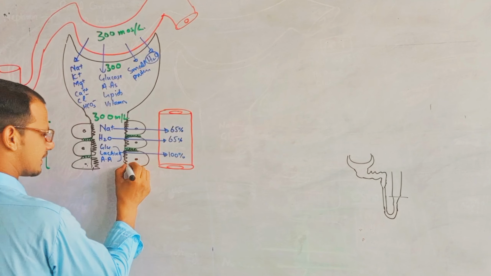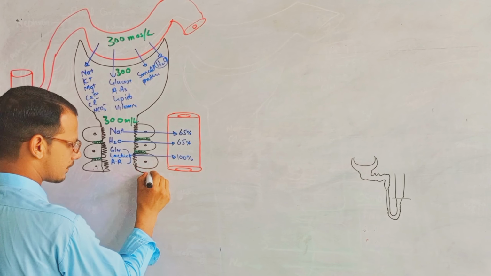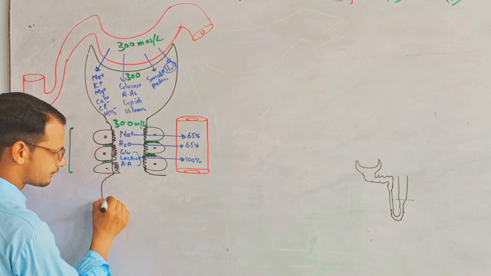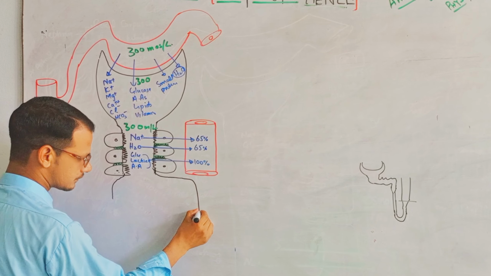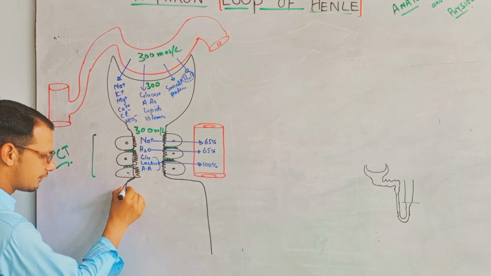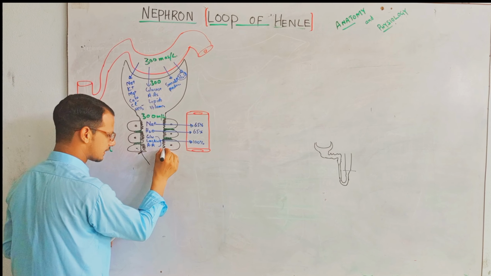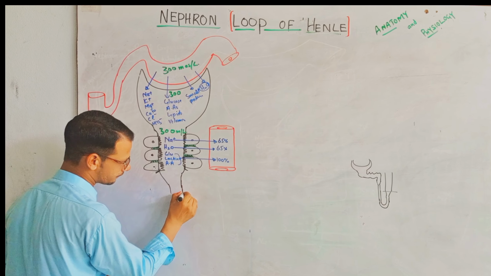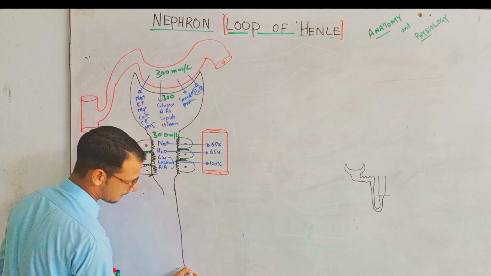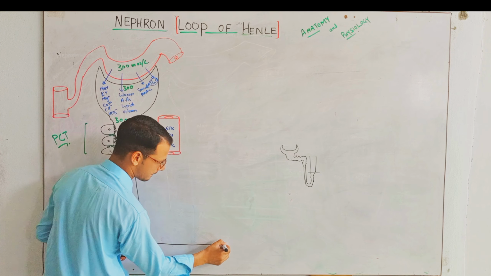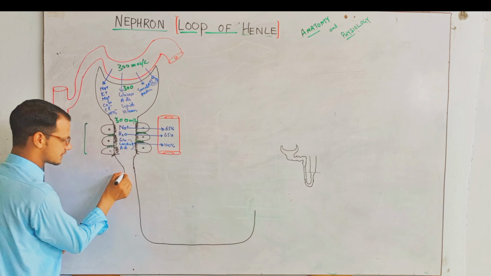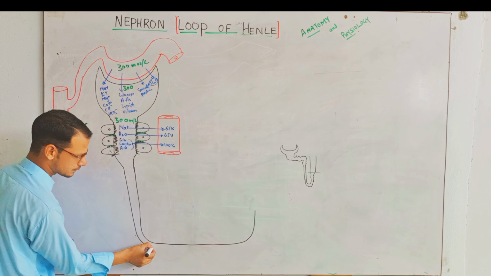Here, for example, this is the loop of Henle, and here it is narrow. This is the loop of Henle.